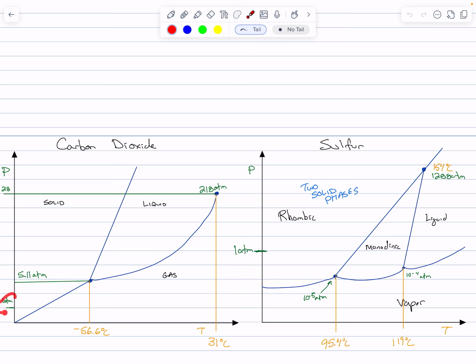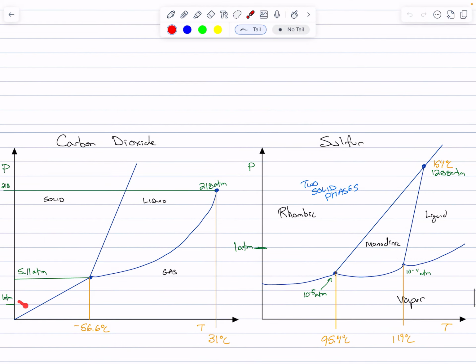Around 1 atmosphere, normal conditions, which are probably in this region here on Earth, carbon dioxide is a gas. And we knew that. This is where we get dry ice down here. It's a solid, it sublimes. It doesn't ever make the liquid. You have to be over 5.11 atmospheres for dry ice to become a liquid carbon dioxide, then to become a gas carbon dioxide.